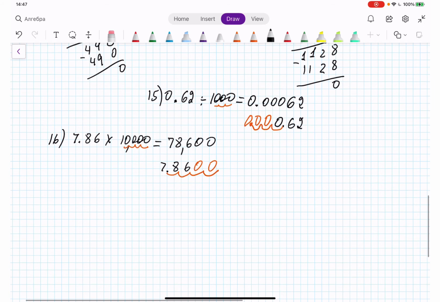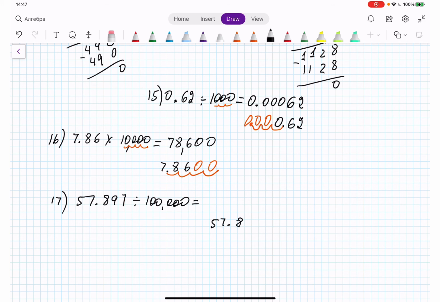Next, number 17. Division. I have 57,897,000 divided by 100,000. Okay, this is going to be interesting. So let me write down here 57.897.